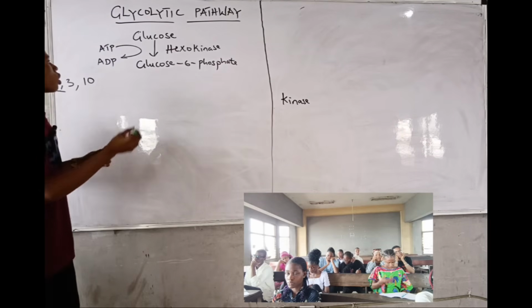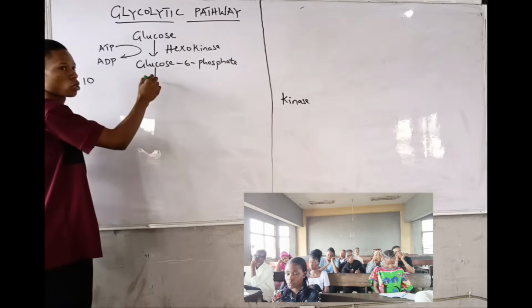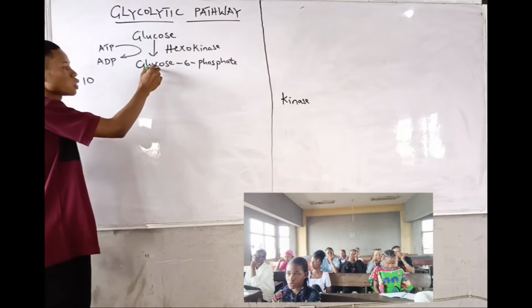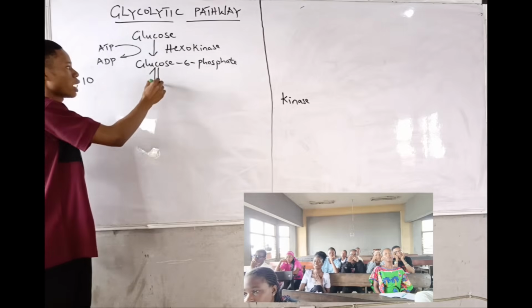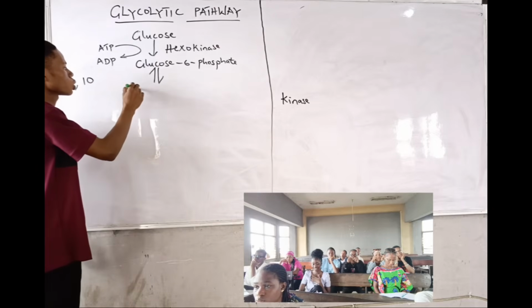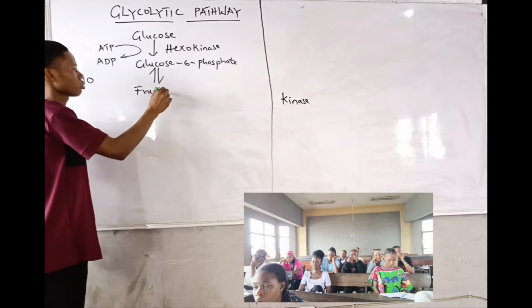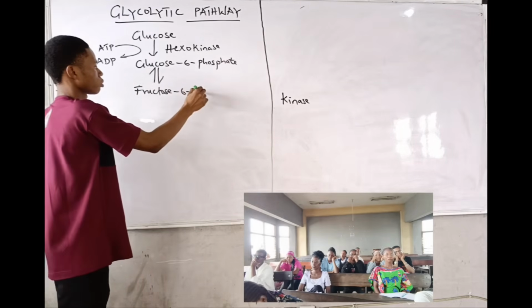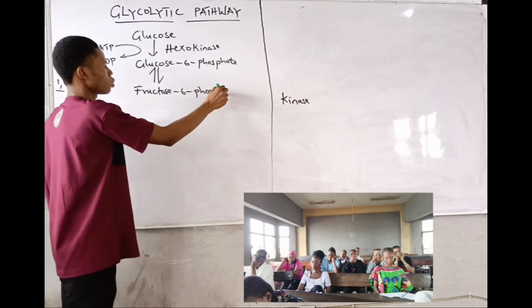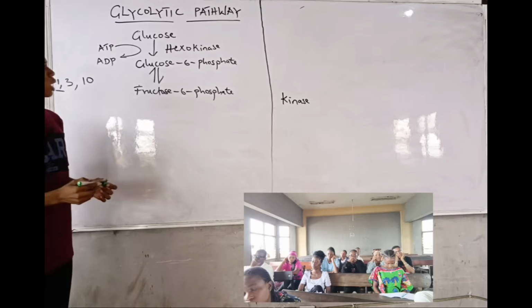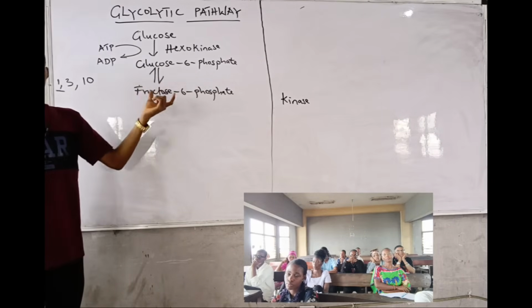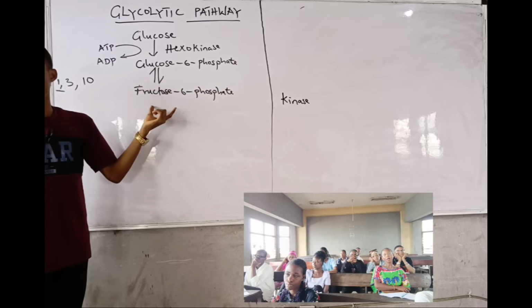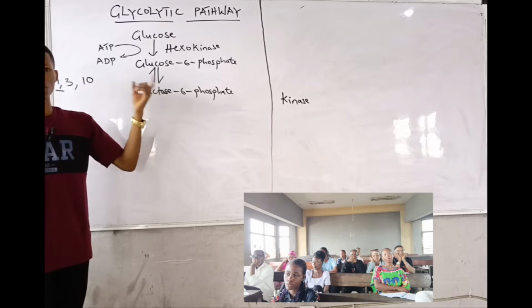Alright, so from glucose 6-phosphate, the next thing is what? Fructose 6-phosphate. Is it reversible or irreversible? Reversible, right? Now look at this. Glucose 6-phosphate to fructose 6-phosphate. We know that the only difference here is glucose and fructose are what? Isomers, right? So what will be the name of the enzyme?